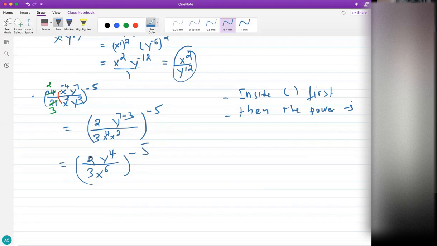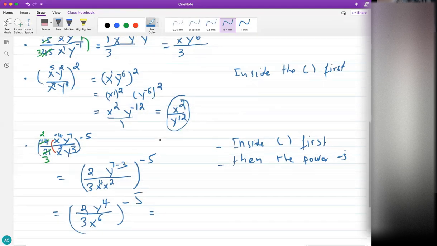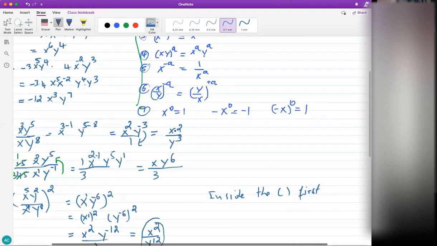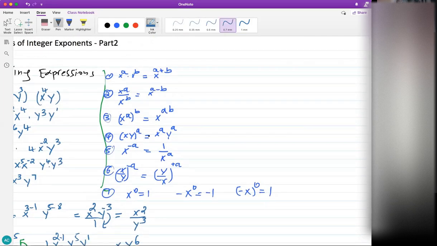Everything is simple, fraction, the bases are different. Now, again, this power belongs to all of these. But first we want to make it positive. Look at the rules here. Which rule from this list do we use to turn that power positive?